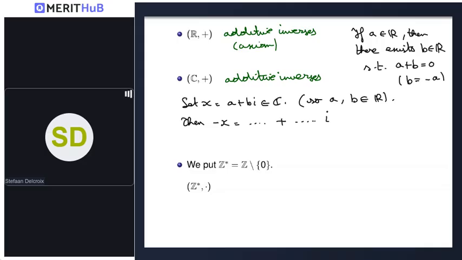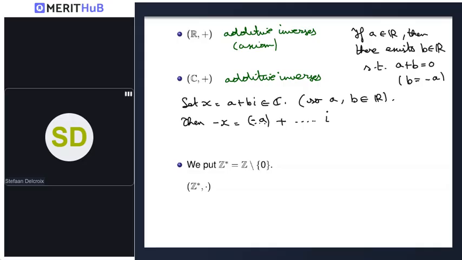What is the real part of the opposite of x? So the real part is the opposite of a.